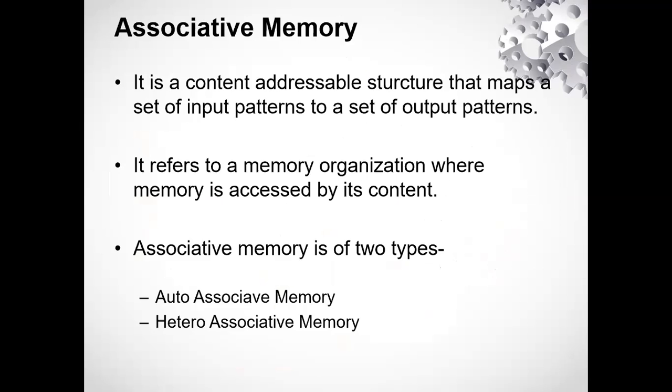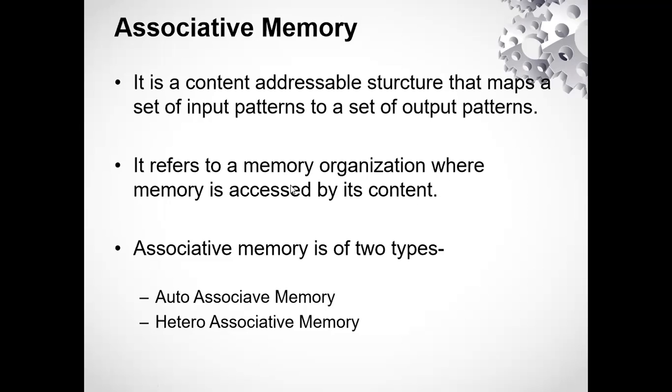But the difference between the memory used in a computer system and the memory we are using here is that this one is content addressable, while there an address was given. Here I can access the memory through the content, not by the address. So this is called a content addressable structure.